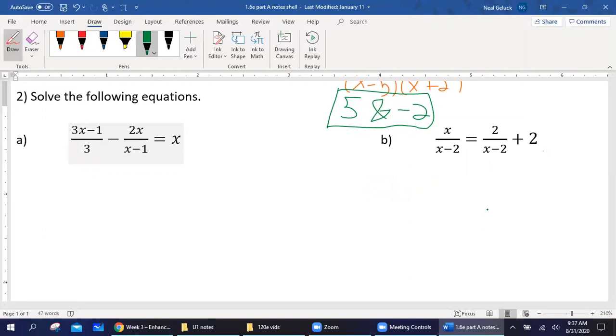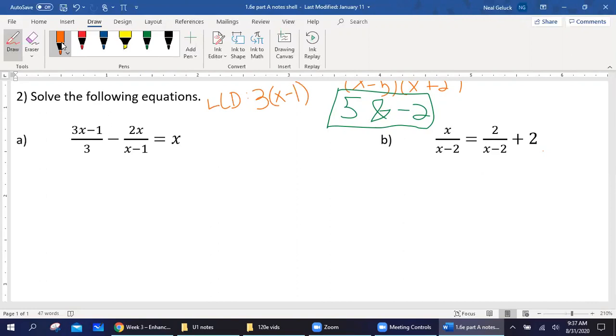So here's how we're going to solve rational equations. It's going to be very similar to what we did with combining them, where we need to get the LCD. So for 2a, my least common denominator, well, I've got a 3 and an x minus 1. They have no common factors, so I need them both.